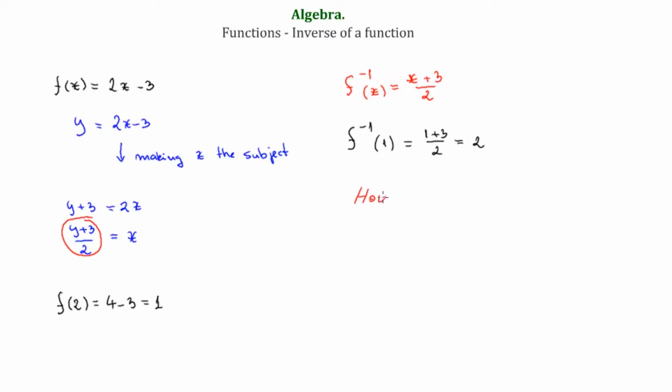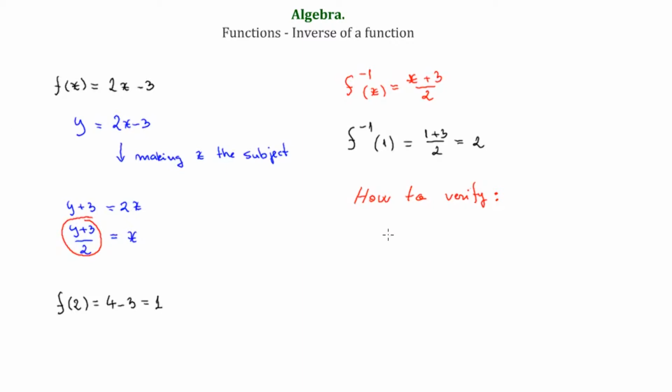Now, how to verify if our inverse is correct? Well, we have a specific property that basically tells us that the inverse undoes what the function does.